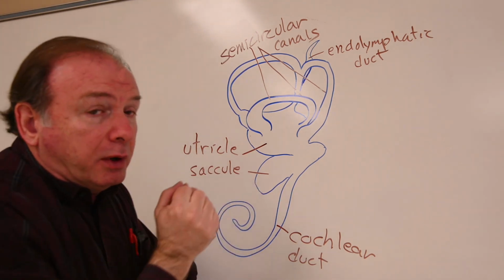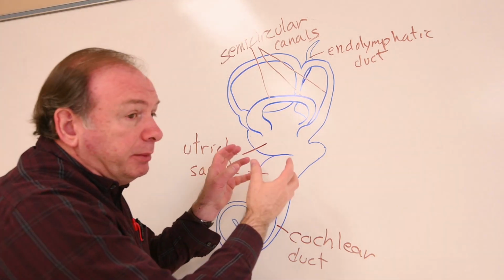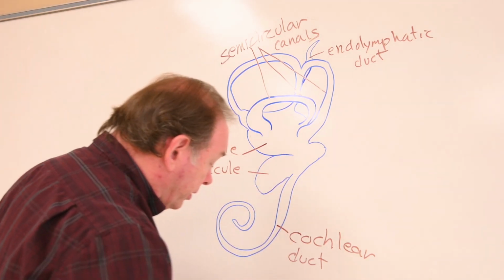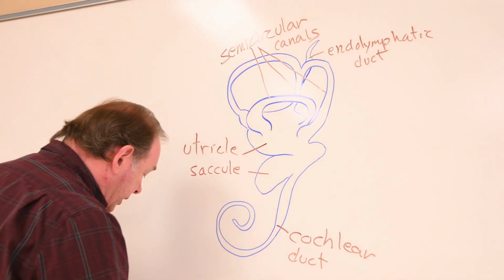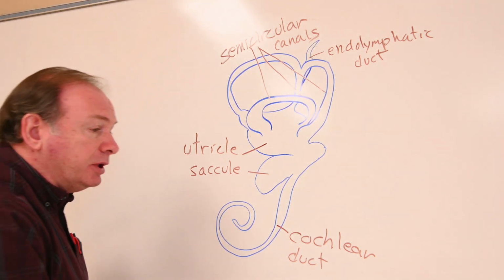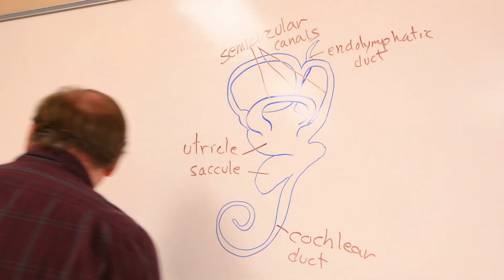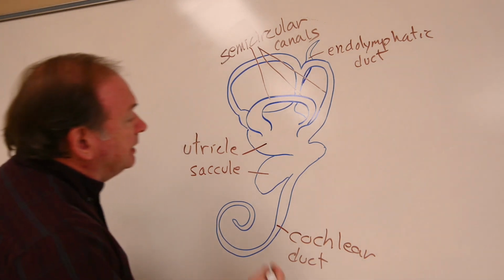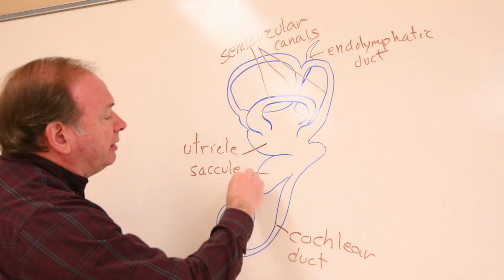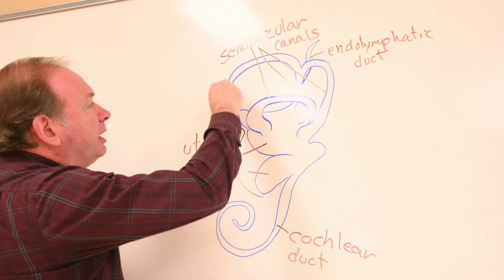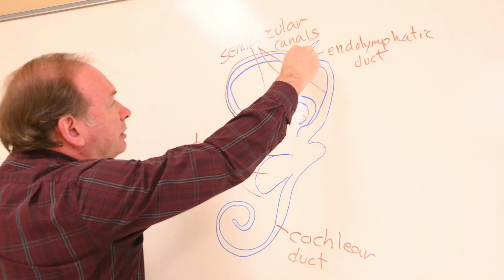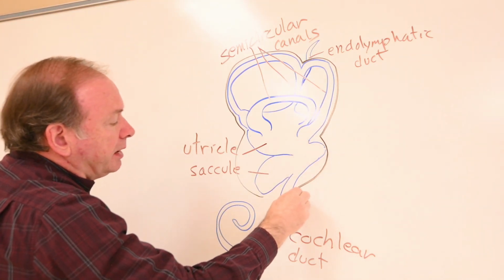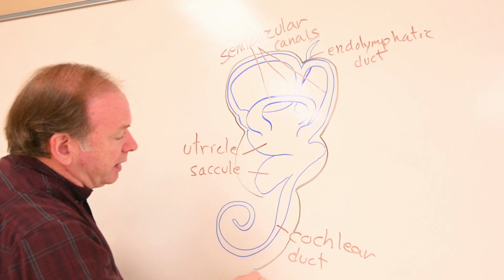Now, where this forms, it will eventually be surrounded by bone. And as the bone coalesces around this, we're going to get an outer chamber. And let's pick a good color for outer chamber. We'll make it black. So there's an outer chamber that surrounds this portion, an outer chamber that goes around each of the semicircular canals, and then an outer chamber that goes around the cochlear duct.